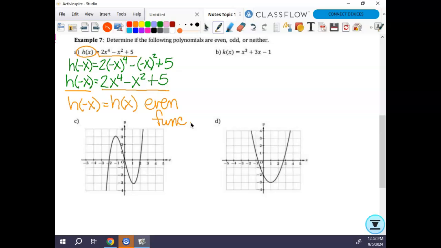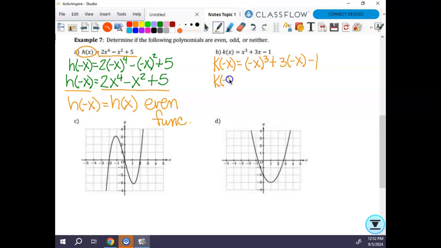We good? All right. So then, going to do the same thing here. K of negative x. That's equal to negative x cubed plus 3 times negative x minus 1. I substituted it in. Zero work. Then I clean it up.